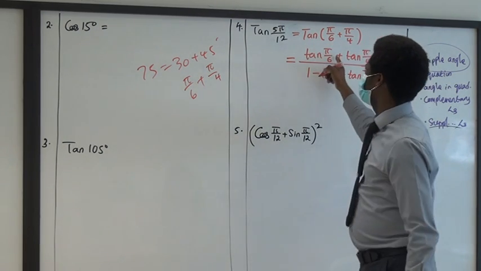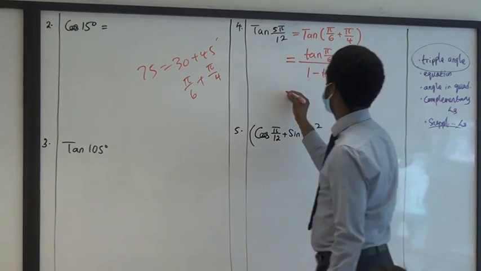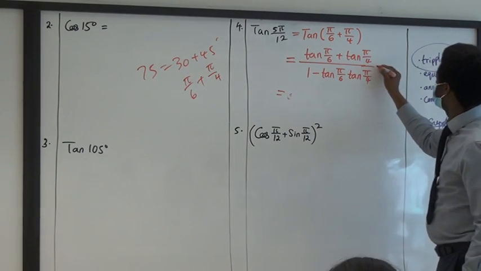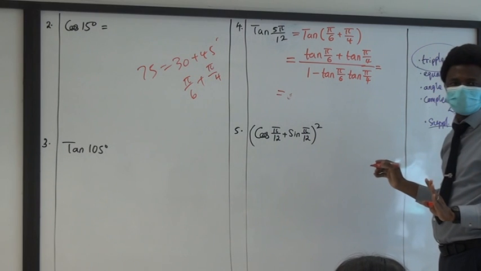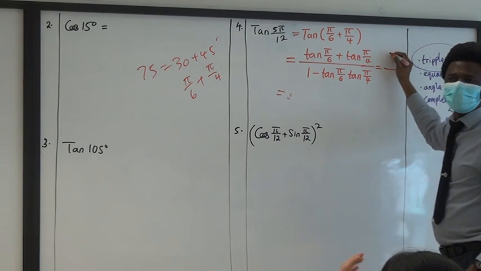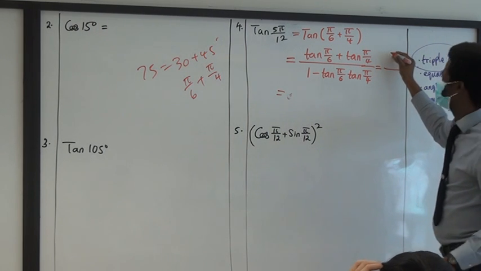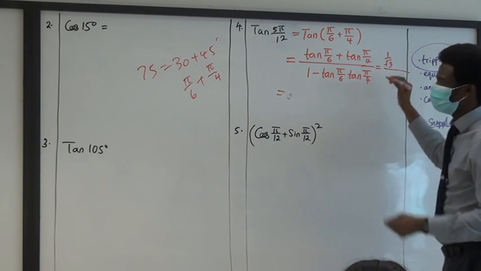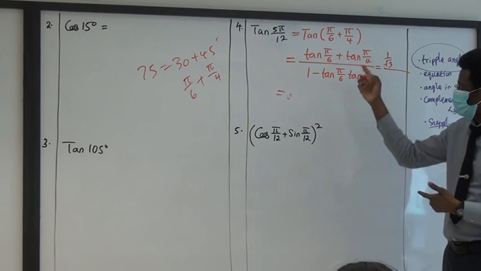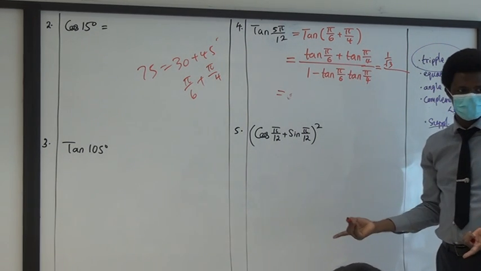Okay? Now this is tan 30. So now listen. I know this will be a kind of complicated fraction, alright? So watch what I'm going to do here. Tan 30 is what? 1 over root 3. So you see, I'm calling it tan 30 because it's easy for me to process, but I'm actually dealing with pi over 6.